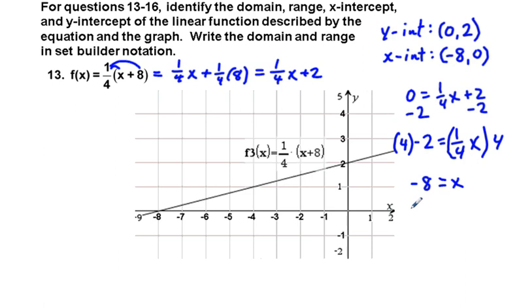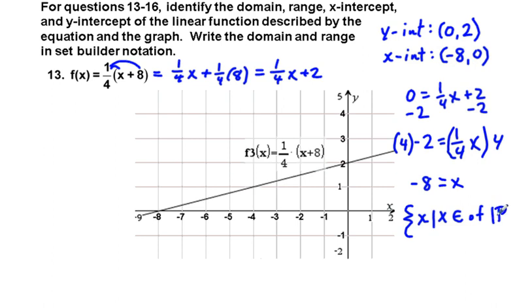I'm going to put brackets. We're going to have x, and this vertical line segment, x such that x is an element, and there's that little sideways e, of all real numbers.